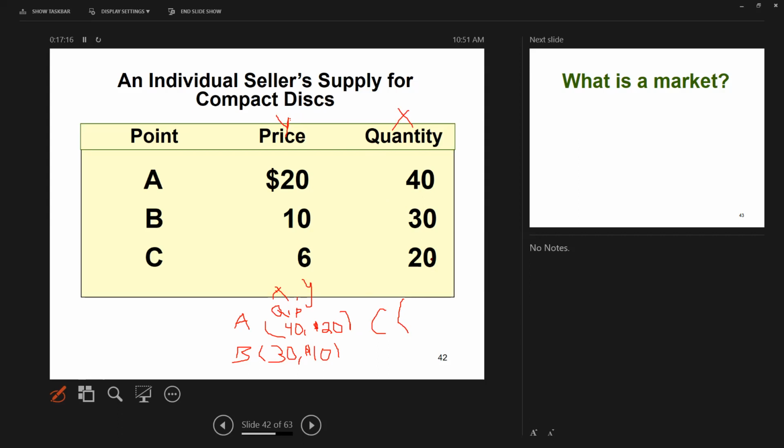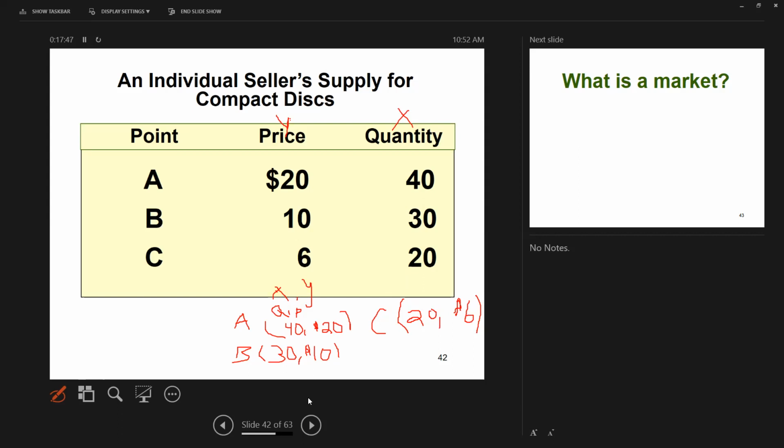So real quick, come up with the coordinates for this point, also called its name in this class to make it easier. I'll give you a second to do that. And it's going to be 20 CDs per day at a price of $6 per CD.